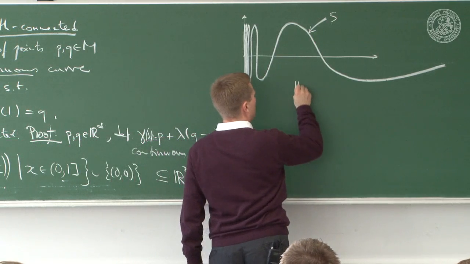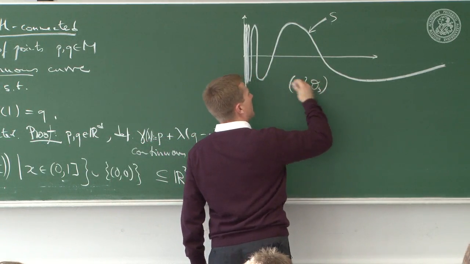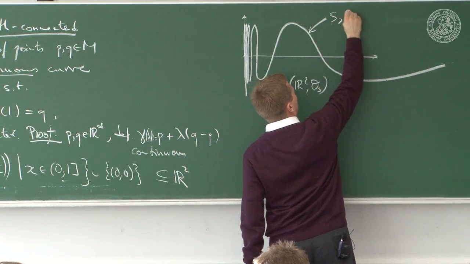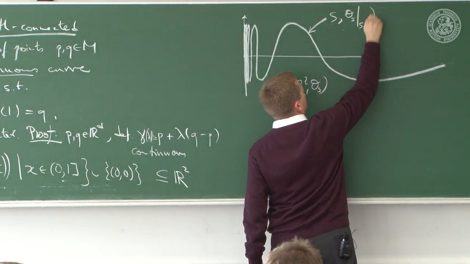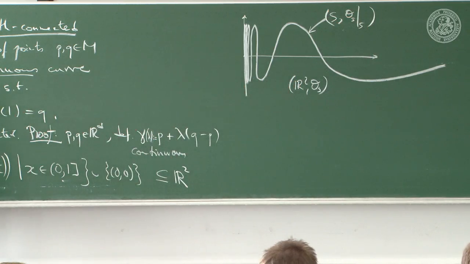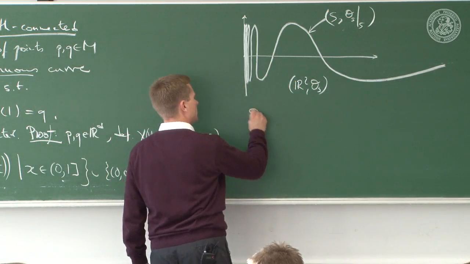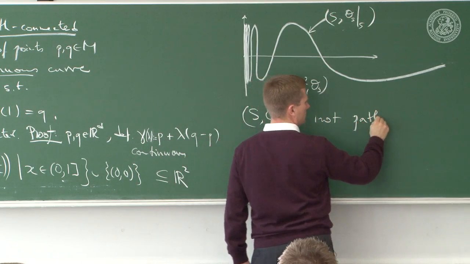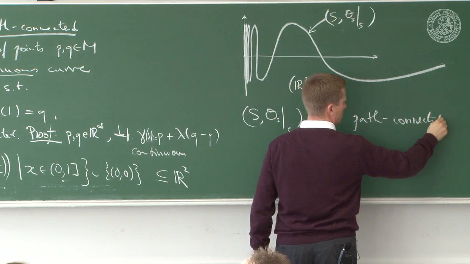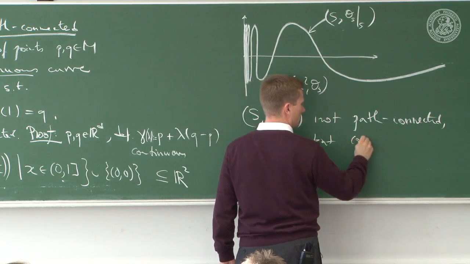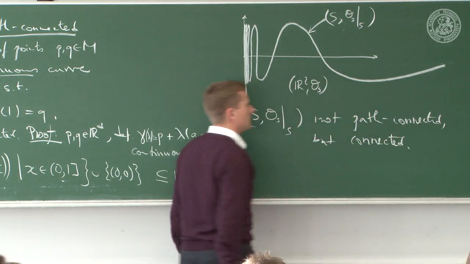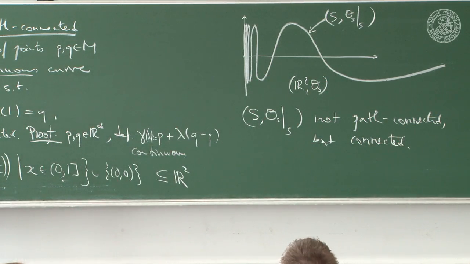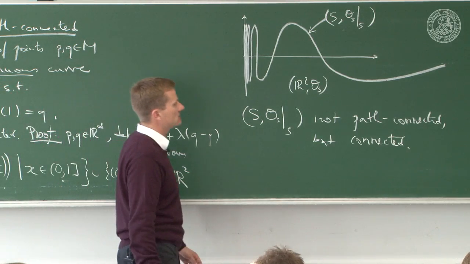On R^2 we have a topology O, and we equip this subset S with the induced topology O_S. That is the topological space we look at. And this space is not path connected, but it is connected.